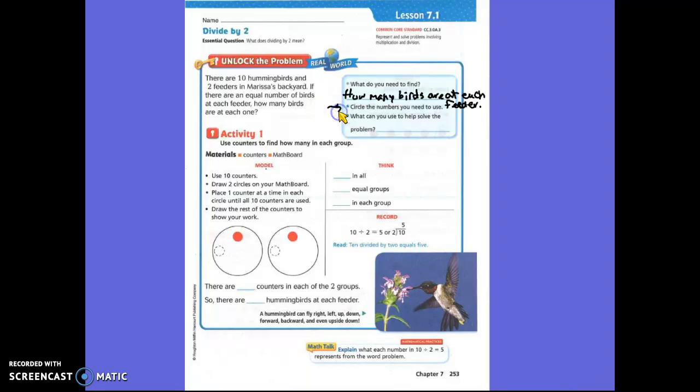Okay, second bullet point. Circle the numbers we're going to use. What numbers are we going to use, Callie? 10 and 2.